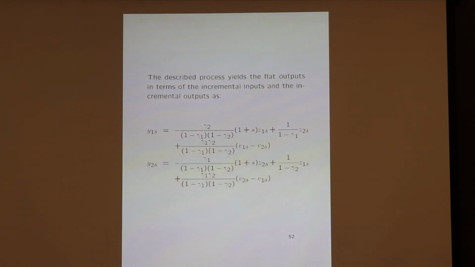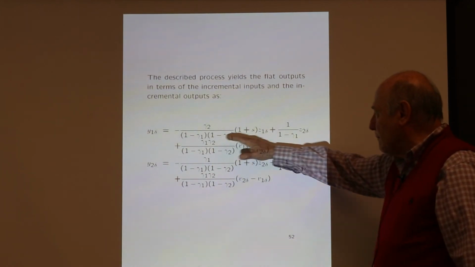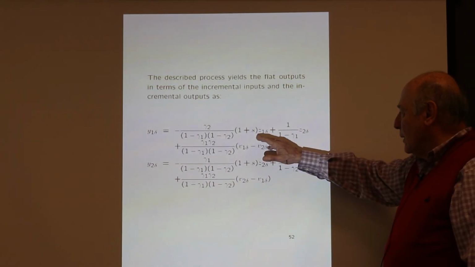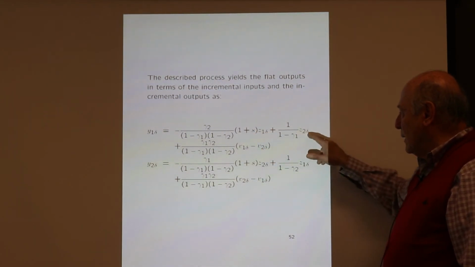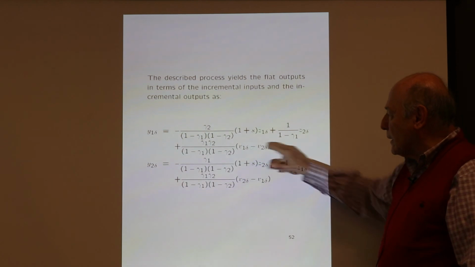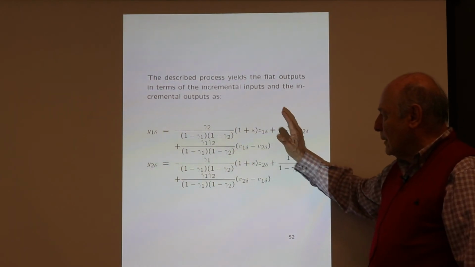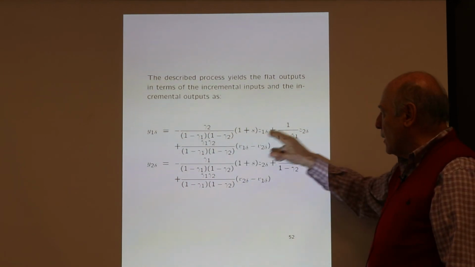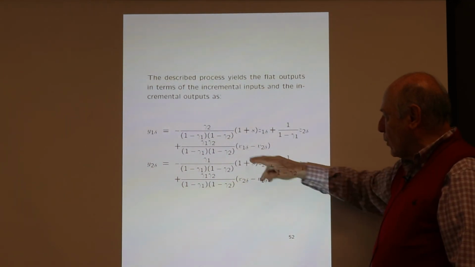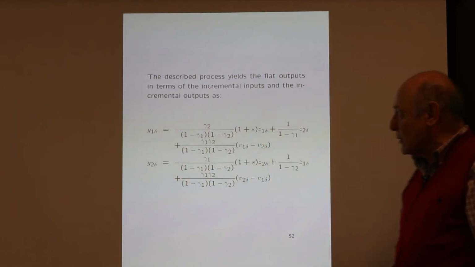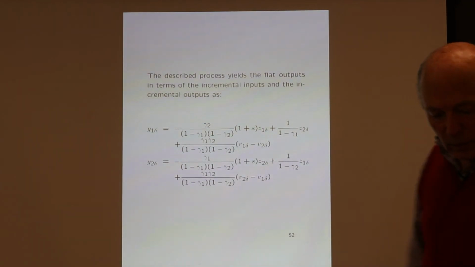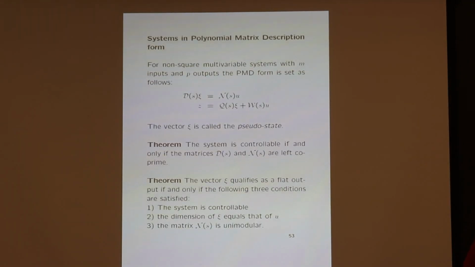The thing is, the flat outputs can be obtained in terms of the states of the system and the inputs of the system. So here you have the possibility of controlling the flat outputs through the state equations and through the input equations. So that's a problem that can be solved.